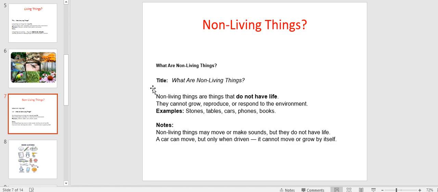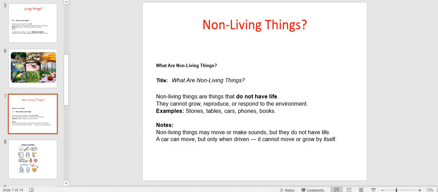Let's go on to non-living things. We will start by asking ourselves a very simple question. What are these non-living things?